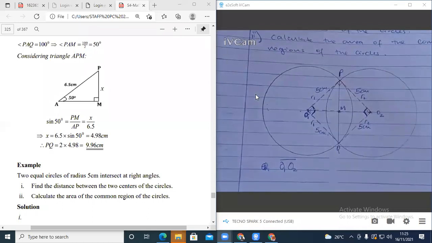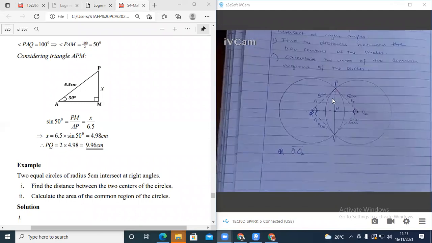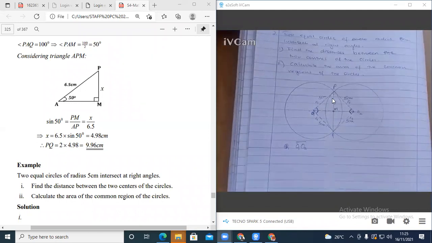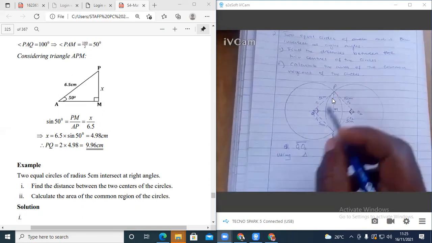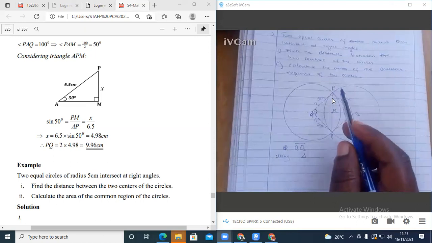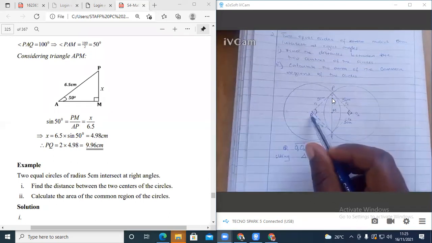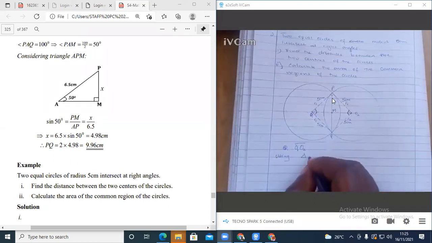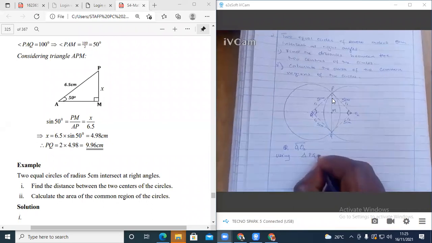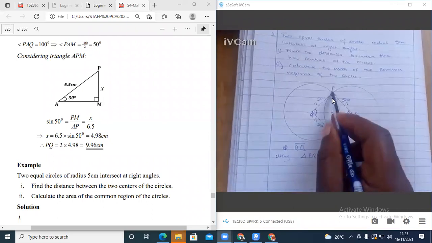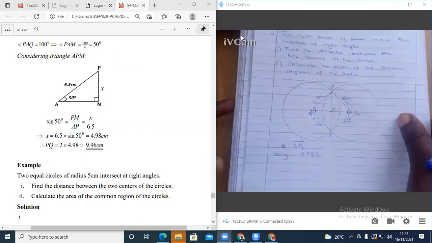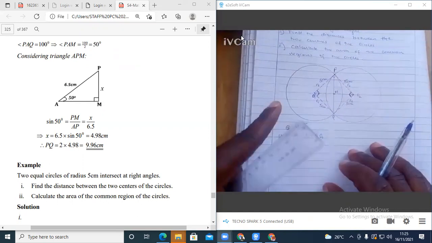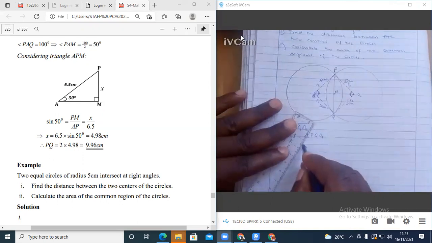So let us use triangle PQO1. That's the circle we are going to use. I will extract it out and we shall have this.